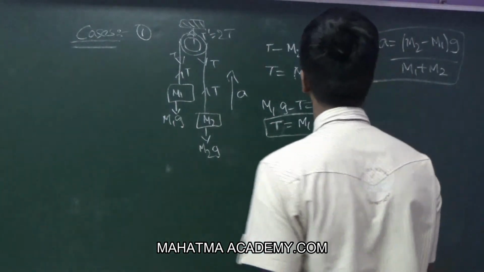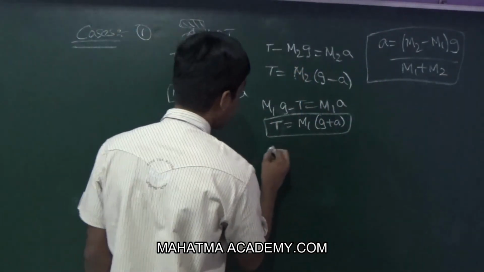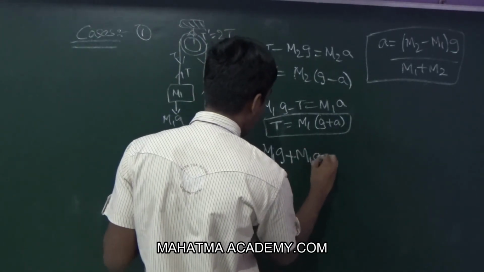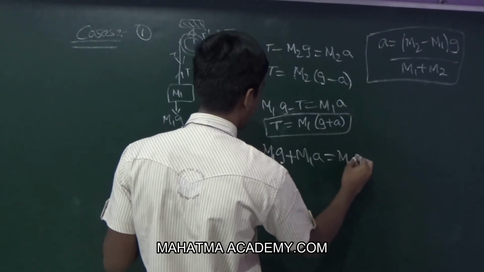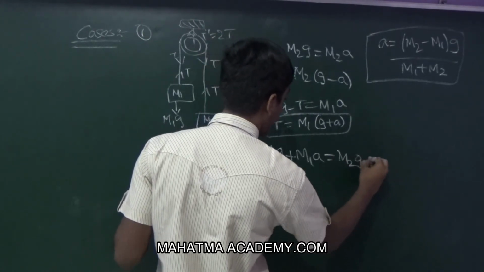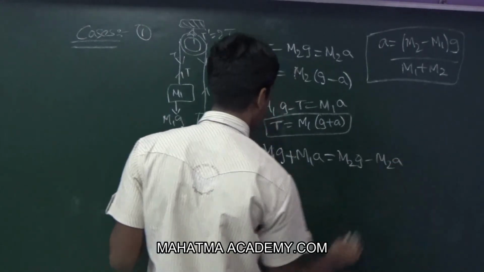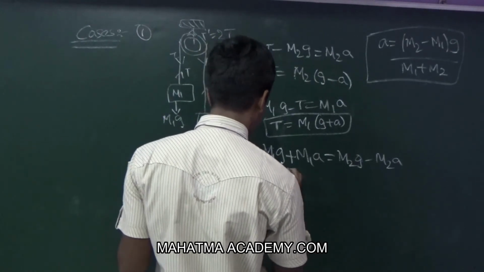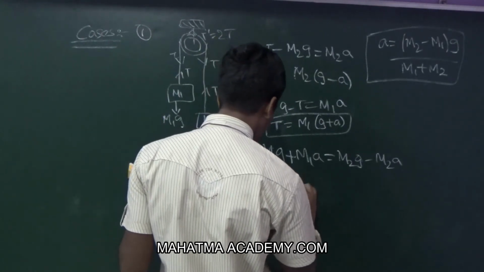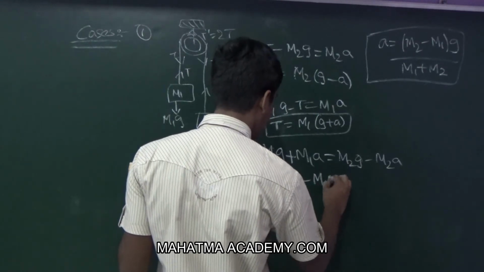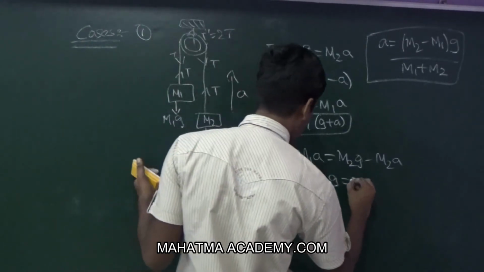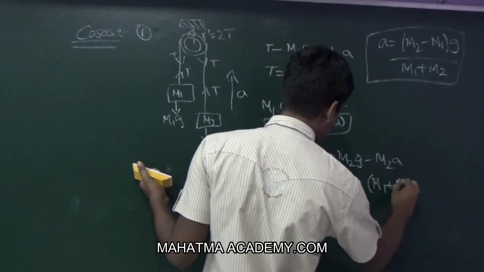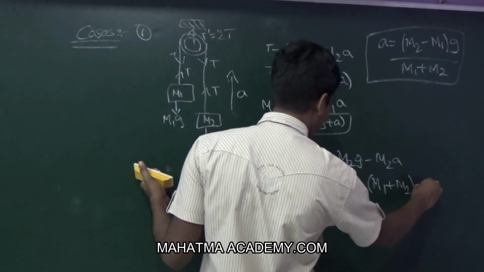To get this formula, if we equate, m1 into g plus m1 into a is equal to m2 into g minus m2 into a. Now m1g minus m2g is equal to minus of m1 plus m2 into a.